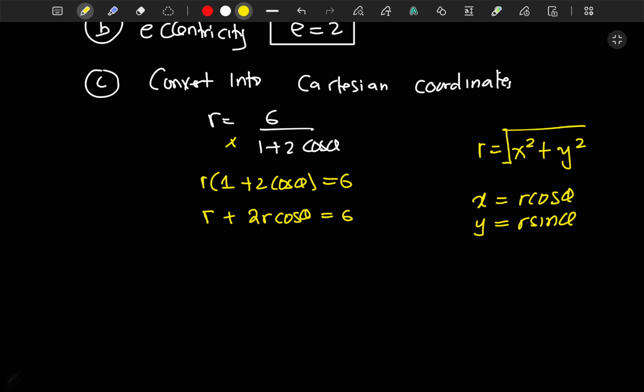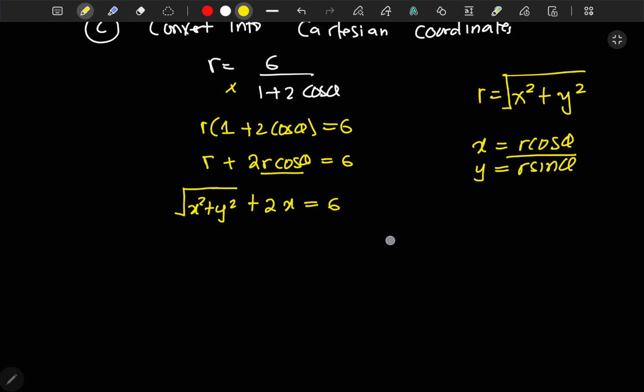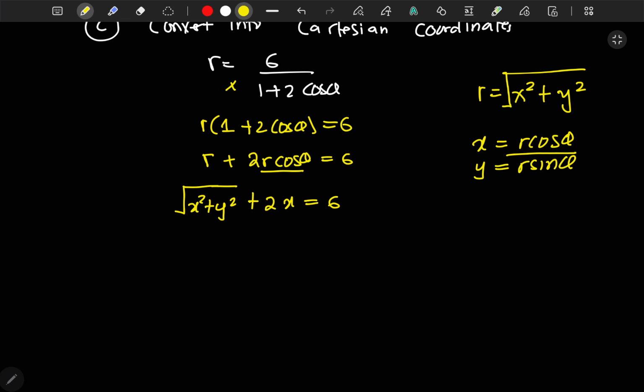Where there's r here, I'll substitute the square root of x squared plus y squared, then plus 2, and r cos θ is just x, equal to 6. From there, everything is done. Let's push everything else to the other side.